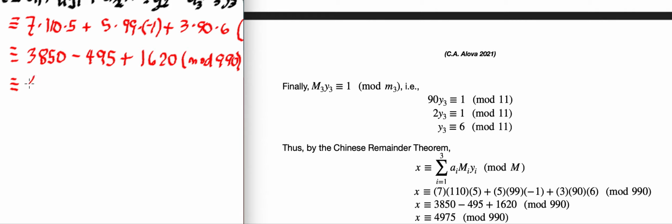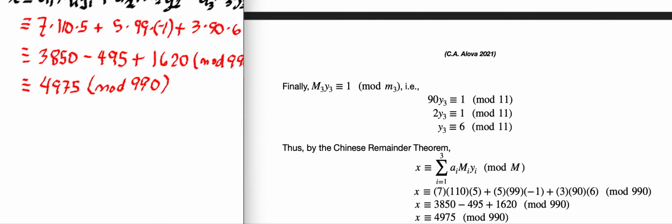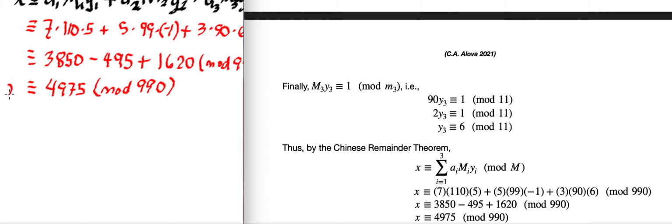So we have 4,975. This is mod 990. Okay, and this is our x. This is our unique solution.